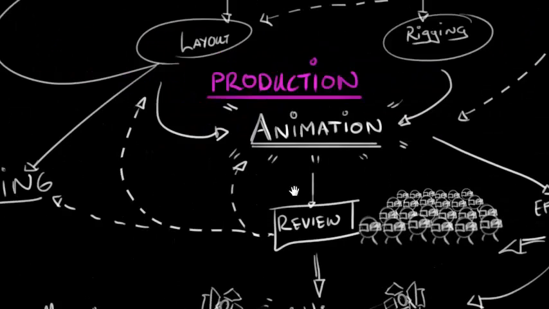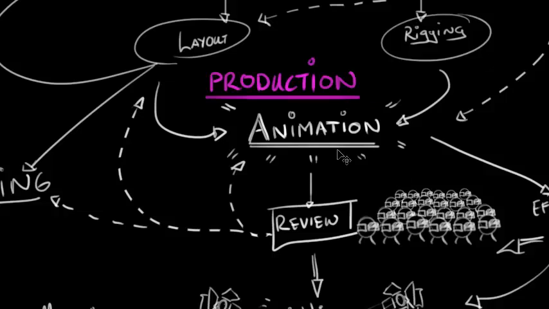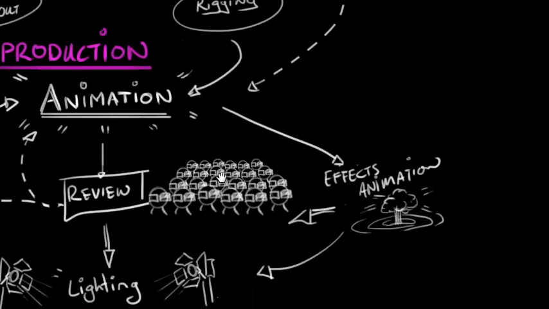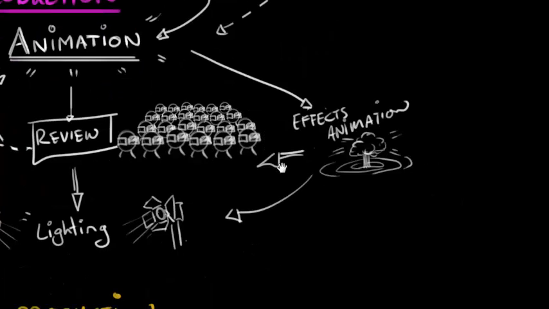Then once that animation is done, with the principal animation, which is basically the characters, things that we build controls for, things that we can kind of handle by hand, we go into effects animation.